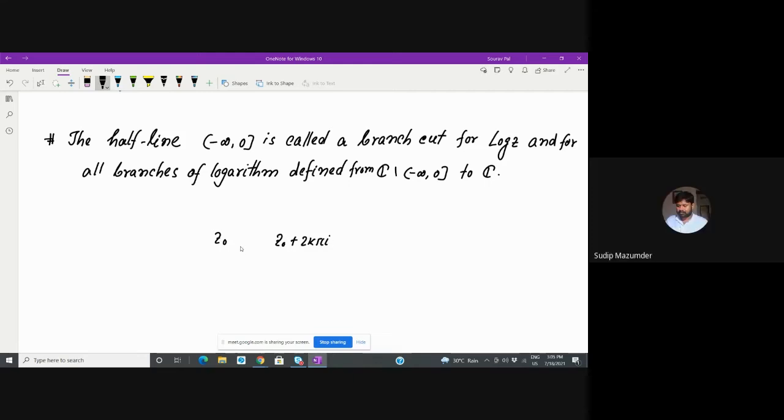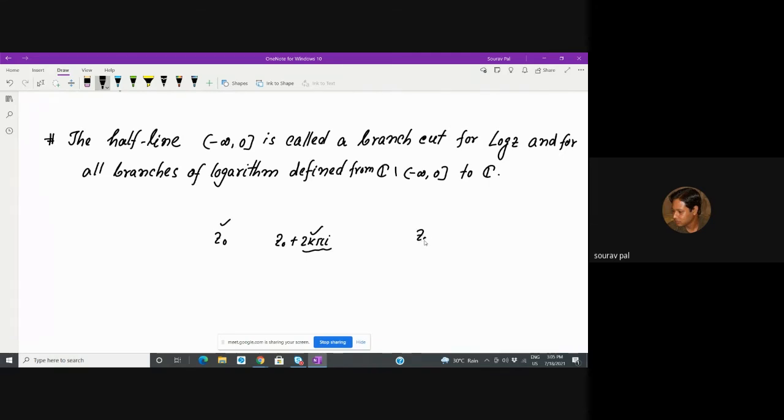Definitely yes, for non-zero k, they are different. This is z naught and this is z naught plus 2k pi I. If this quantity is non-zero, then they are different points on the complex plane.